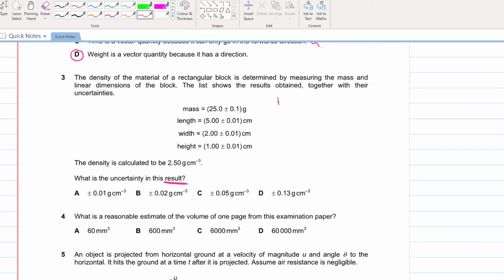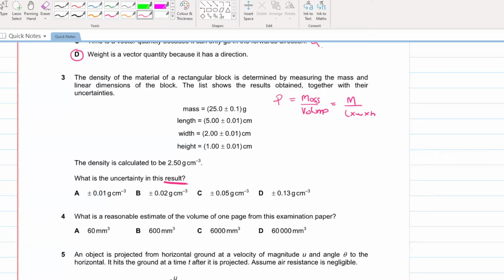So if you remember, the formula of density is what? Mass over volume. Mass comes with a capital M, and volume is length into width into height. Now here, can you see that density is made up of four variables, right?